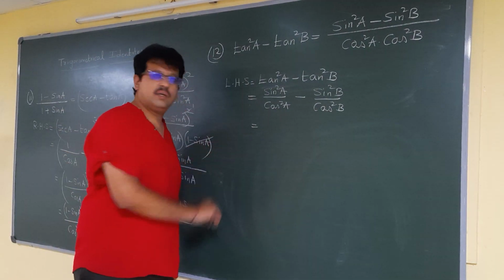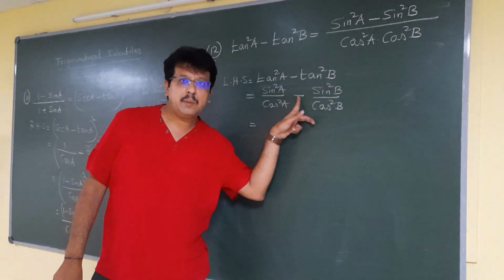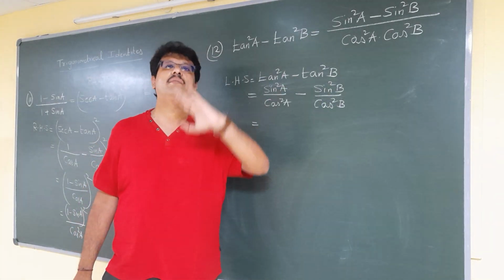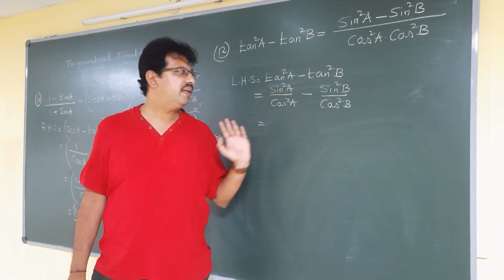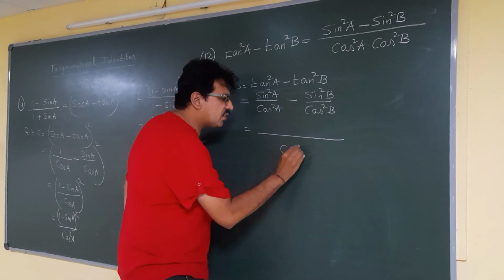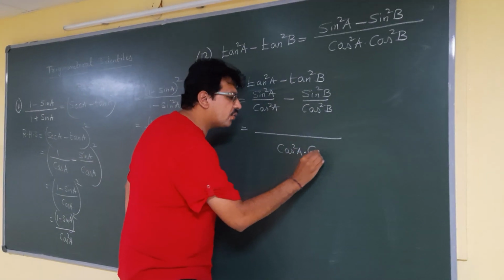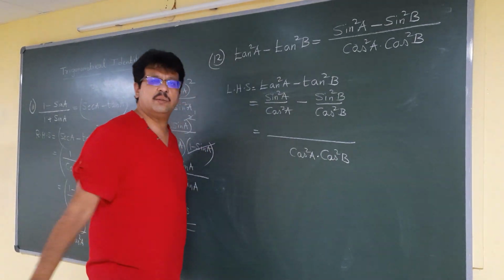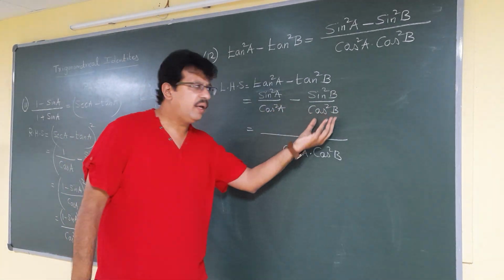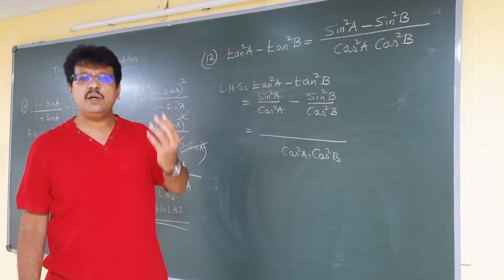Okay children, next. When I say minus or plus, what should you do? Should take LCM. That's a very important concept. Taking LCM. So what's the LCM here? That is cos square A into cos square B. This is the LCM which will be very important. Cos square A into cos square B. And you know how to take LCM, which you learned.